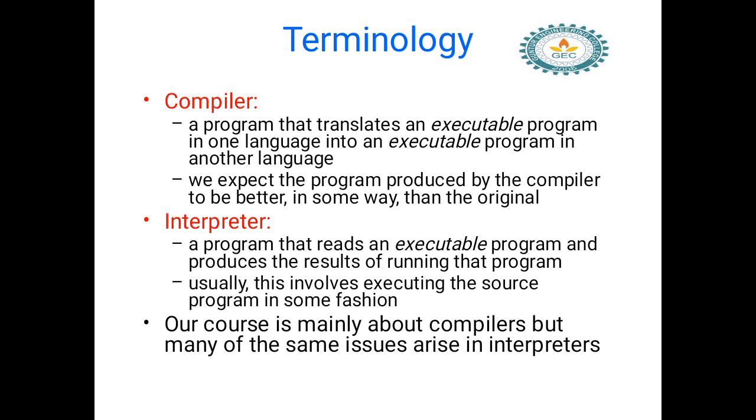Both are translators, but the translation process is different in a compiler and an interpreter. A compiler translates the entire program at a time, but an interpreter executes the program line by line. This is the main difference between the compiler and interpreter.